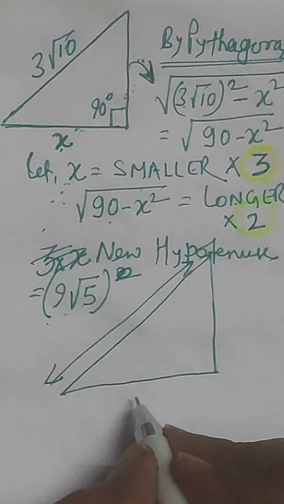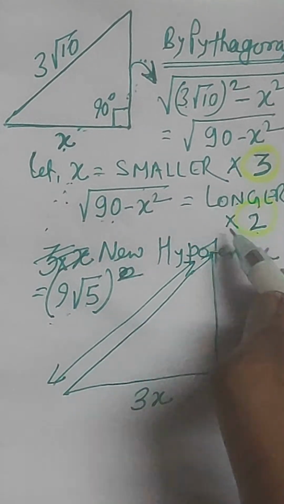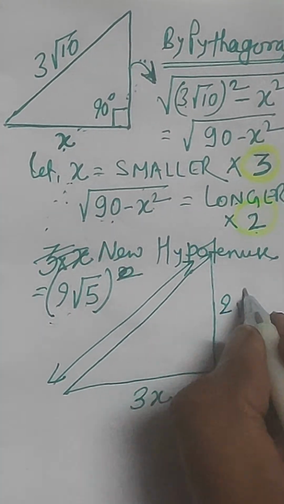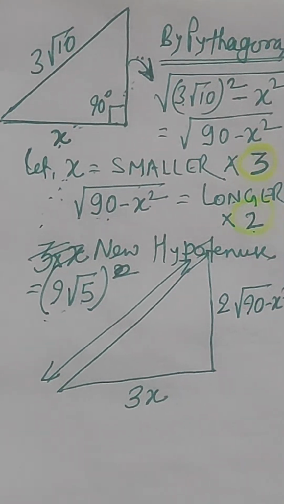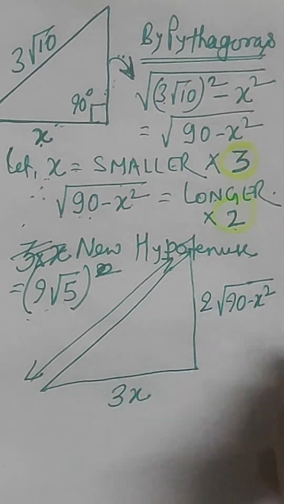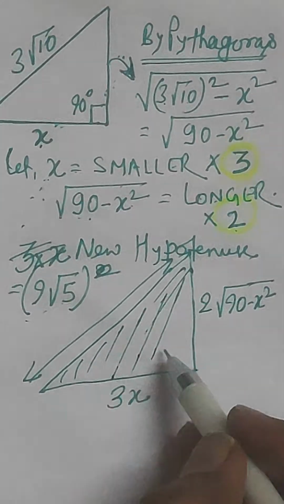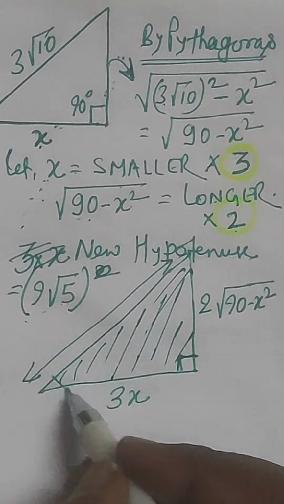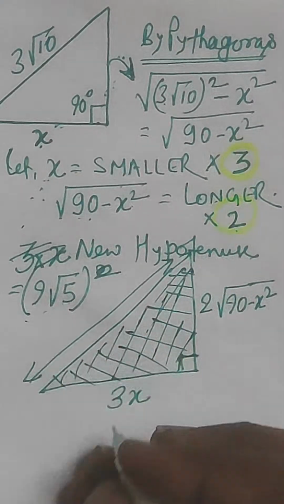The smaller one will be 3x and the longer is made 2 times, that means it will be 2 times root over of 90 minus x square. I hope you got it. Now just for this triangle, with the angle of 90-degree, apply the Pythagoras to the new triangle.